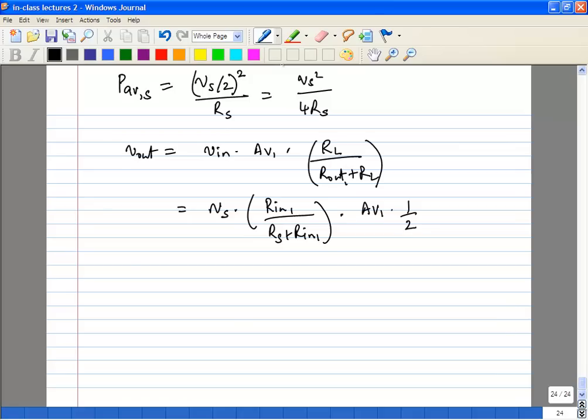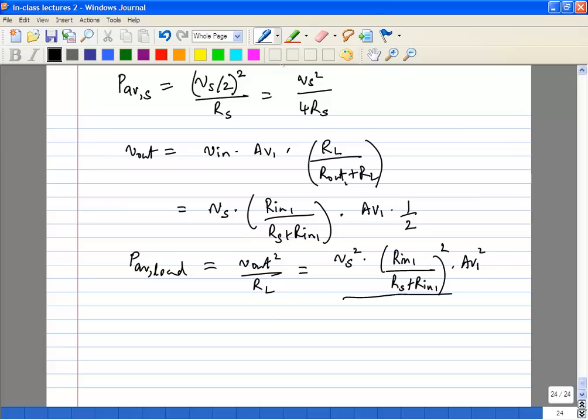So the available power in the load is Vout squared over RL, which is Vs squared. We'll just expand it out, and we are going to write this as Rout1. We'll replace RL with Rout1.